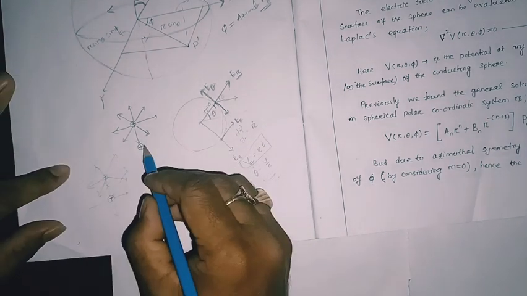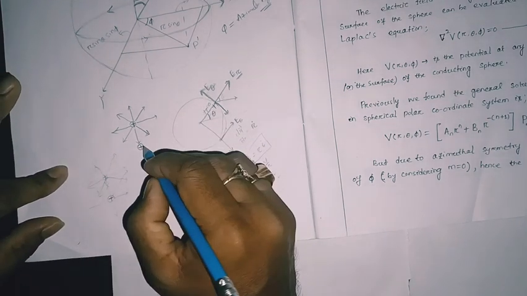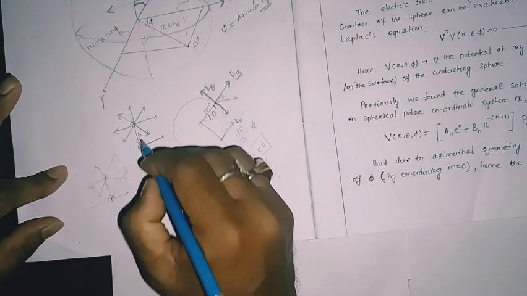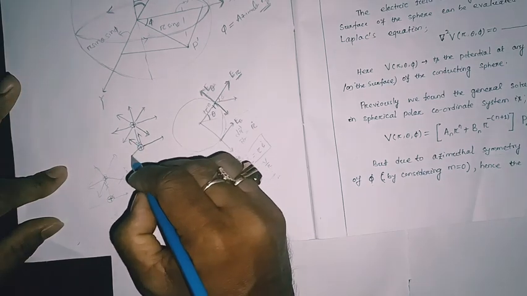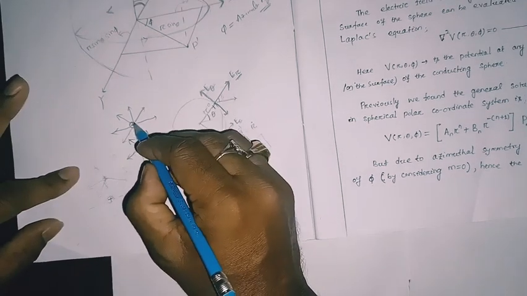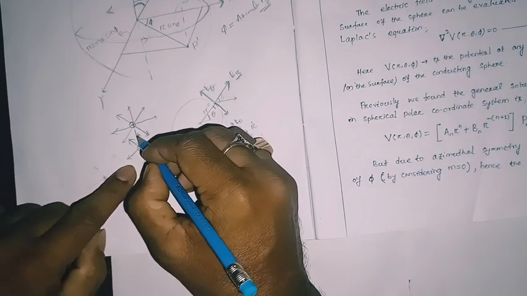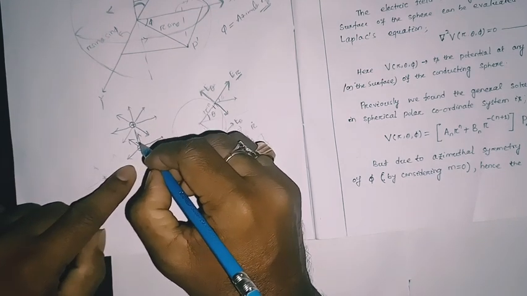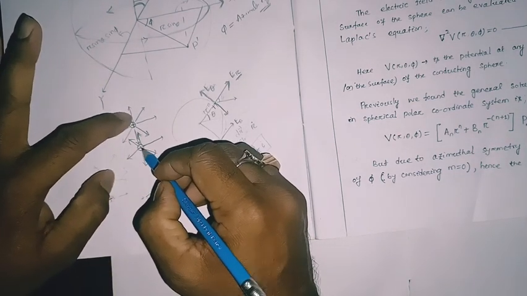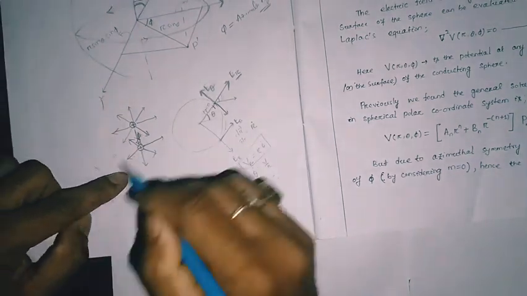You just watch it. For this positive charge, the lines of force will be like this, like this, like this. For this positive charge, one component is along this way, and for another positive charge another component is this way. If the two positive charges are of equal magnitude, then this will be cancelled out.